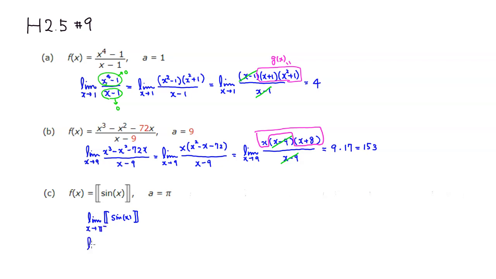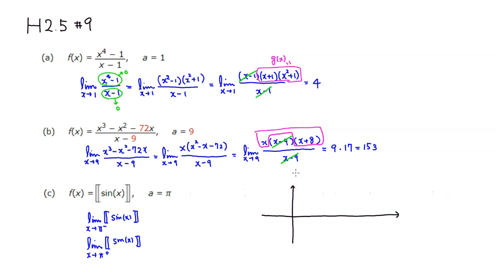And also, we're going to have to do a limit of the same function as x approaches pi from the right. All right, so let's look at the picture a bit though. If you look at the sine function, sine function looks kind of like this.